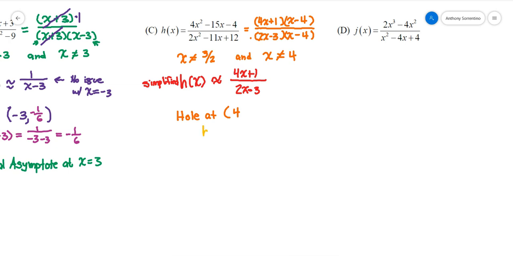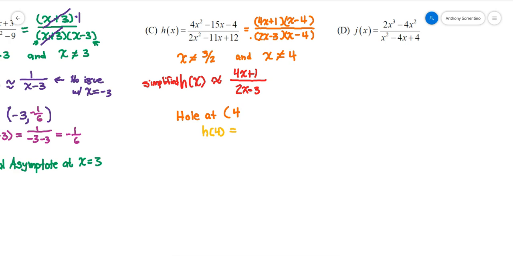Of course, I had to do a side problem down here. I've got to say, okay, well, what's h of 4? And I could do that in the simplified version, because if I try to put it in the original version, obviously I'm going to get 0 over 0, which is not anything. We're not going to get into that a whole lot. Once you get into the pre-calculus class, we discuss limits a little bit, and you'll learn how to handle instances where there's 0 over 0, and where you need to deal with that with the difference quotient and everything.